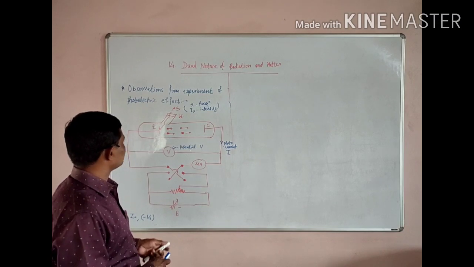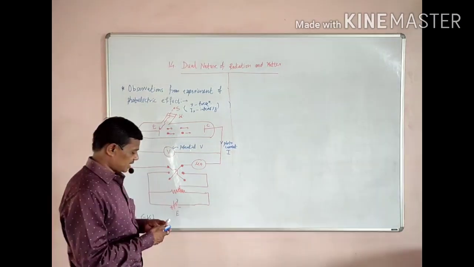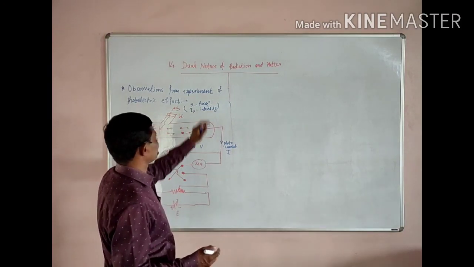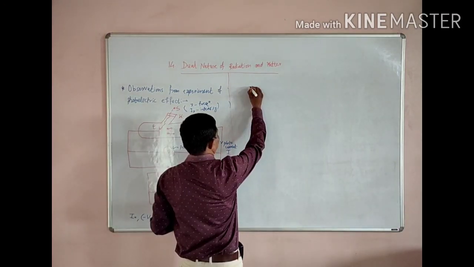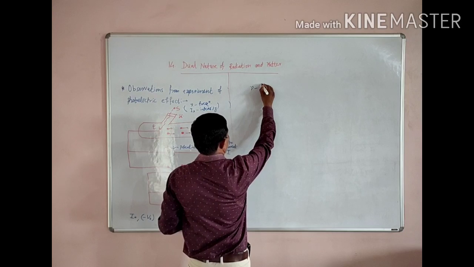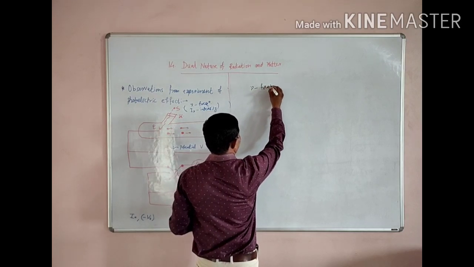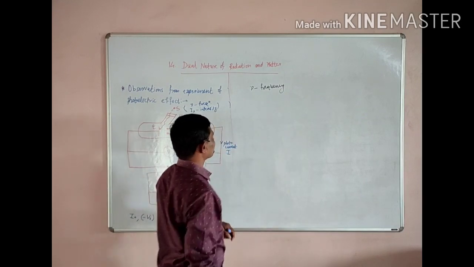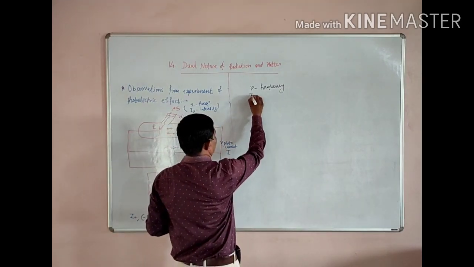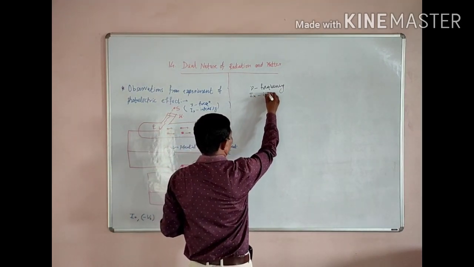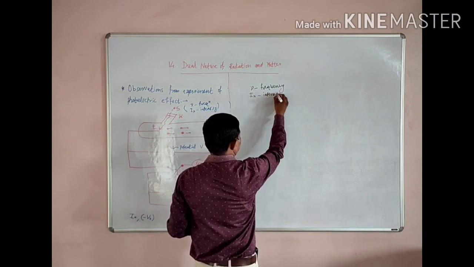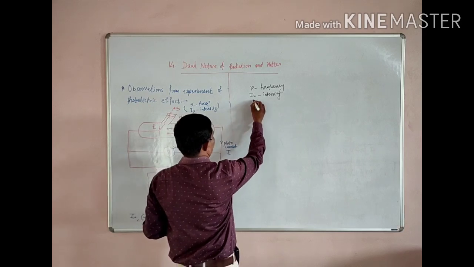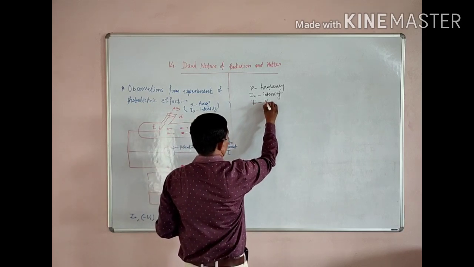Before going to the observations, we can define some variable parameters here. Let nu be the frequency of incident radiation, let I x be the intensity of incident radiation. Also, I is nothing but the photocurrent.